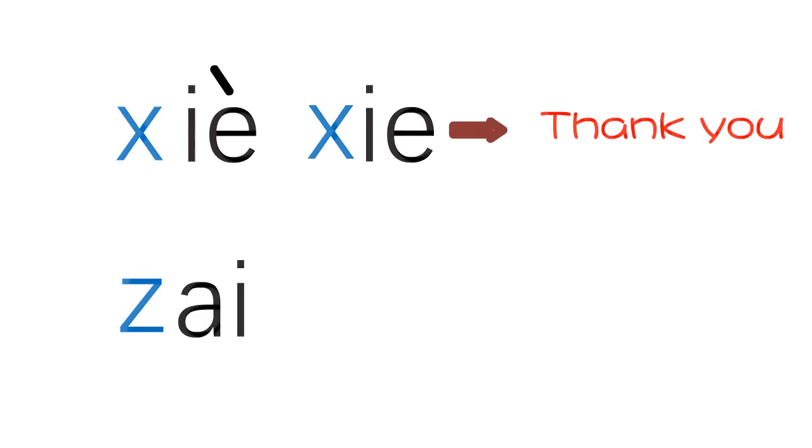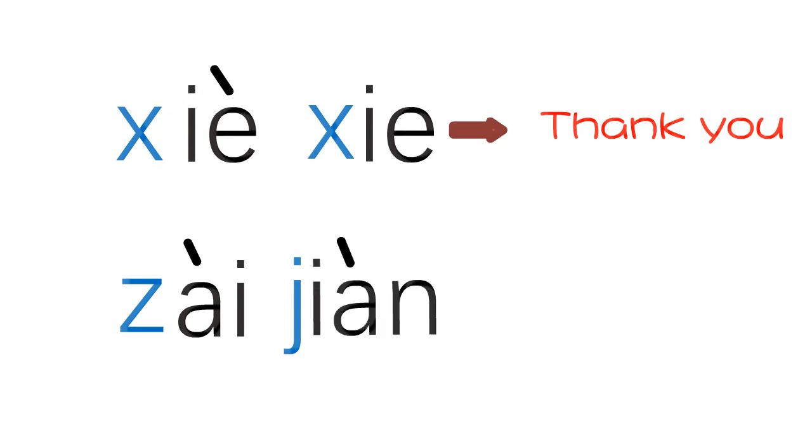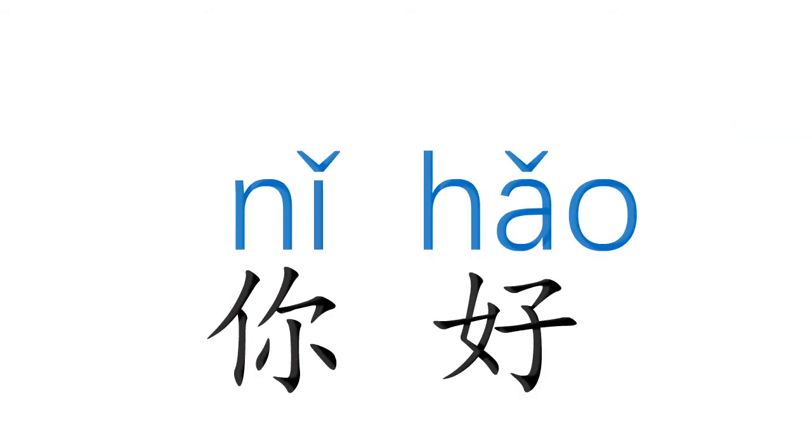zài jiàn means goodbye. I suggest that you follow this pronunciation procedure when you first start to learn Pinyin. When you get familiar with how to pronounce the letters, you can just say nǐ.